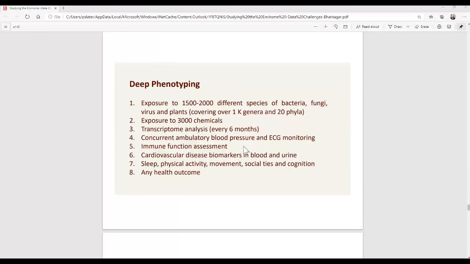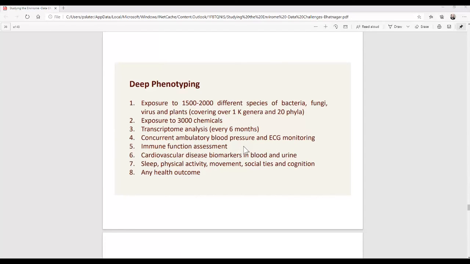the parameters that we plan to measure. And again, that generates a lot of data, and from this data, we would be able to learn how different exposures are affecting the cardiovascular responses and cardiovascular health. And again, this requires a very big data set. We need to be able to identify about 1,500 to 2,000 different species of bacteria, fungus, virus, and plants, over 3,000 different chemicals that are captured in this particular device.